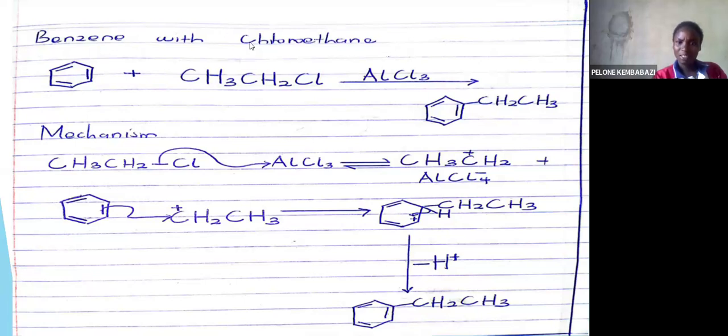So we have to lose that hydrogen, hence making the reaction a substitution reaction. Then we can go to another type of reaction, which is nucleophilic addition reaction. As you hear the words nucleophilic and addition reaction, these are reactions where a nucleophile is added to an unsaturated organic compound to form a saturated organic compound. This reaction is majorly undergone by carbonyl compounds.